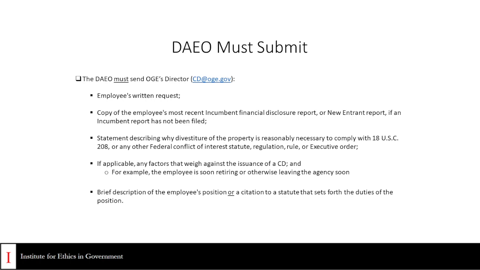So that must be included in the DAEO submission. Next, the DAEO must submit a copy of the employee's most recent incumbent financial disclosure report, or new entrant report if the incumbent report has not been filed. And that submission should also include any subsequent periodic transaction reports.